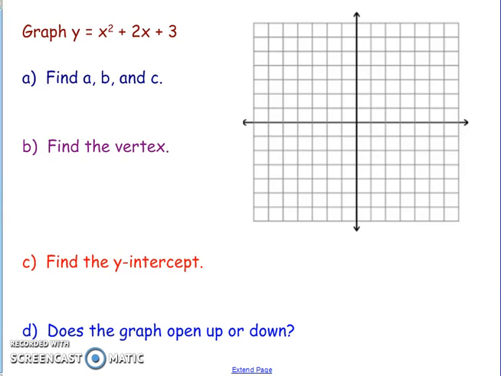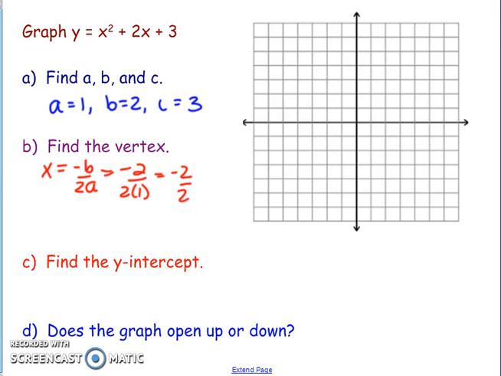So now we want to graph. What we're going to do is first identify a, b, and c. From this function, a is what's in front of the x squared term. So a is going to be 1, b is going to be 2, and c is going to be 3. Next, we want to find the vertex, so we're going to do negative b over 2a. So we get negative 2 over 2 times 1.